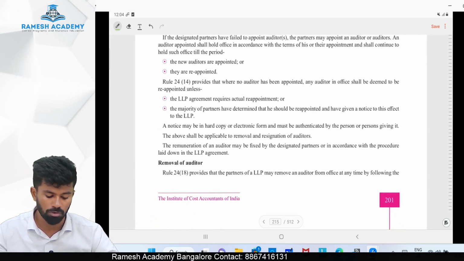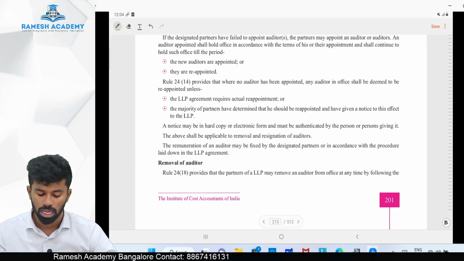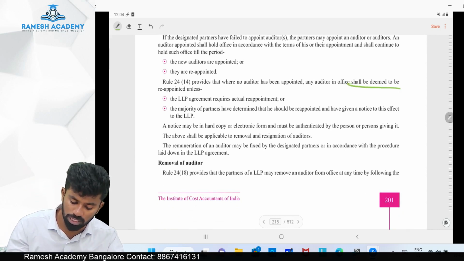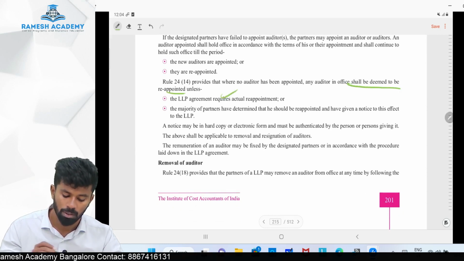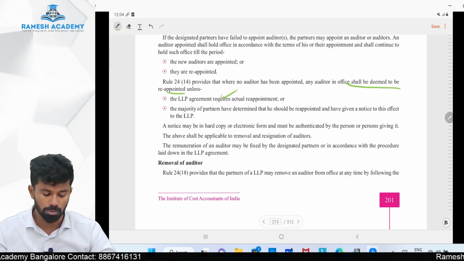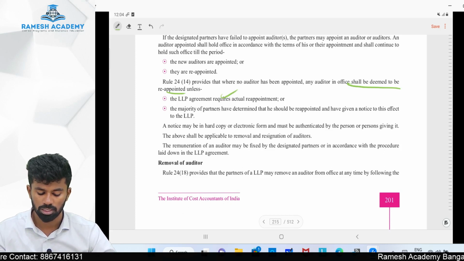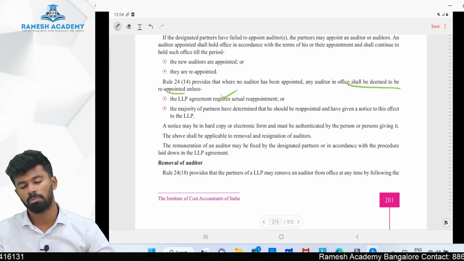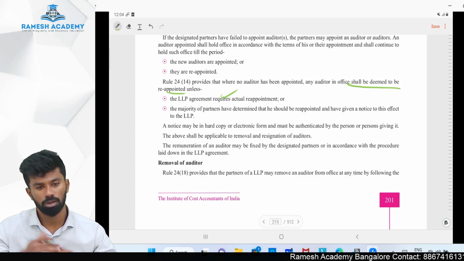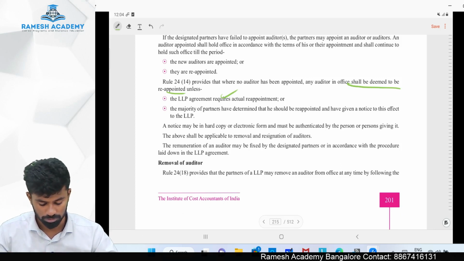Rule number 24, sub-rule 14 provides that where no auditor has been appointed, any auditor in the office shall be deemed to be reappointed unless the LLP agreement requires actual reappointment or majority of the partners have determined that he should not be reappointed and have given notice to that effect to the LLP. So he is deemed to have been reappointed, the same auditor of the company.